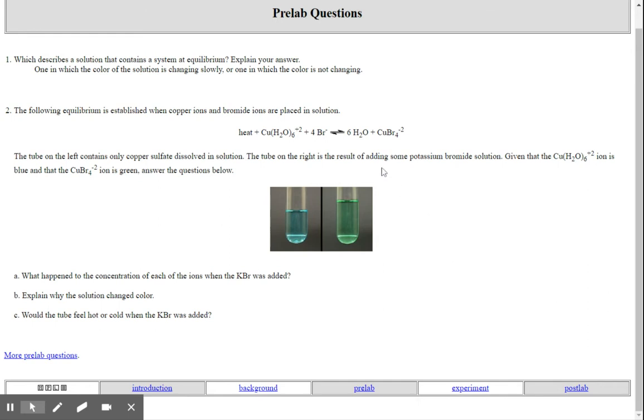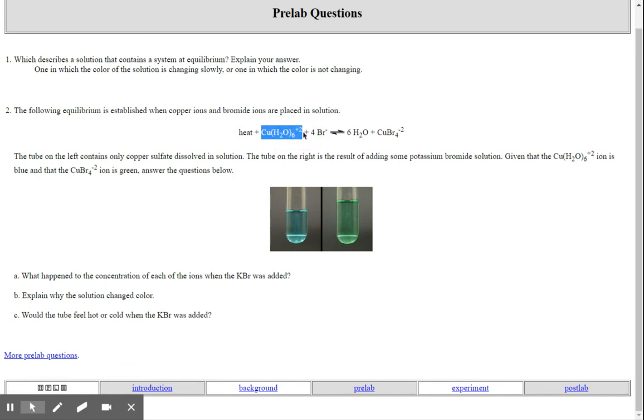So for this second one, it's very similar to what you're going to see in the experiment. You have a reaction. This reversible reaction is in equilibrium. And then it gives you some information. It says the test tube on the left here, this blue color, tells you what this copper solution would look like.